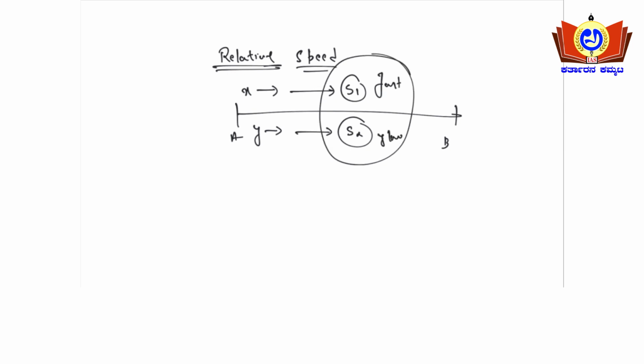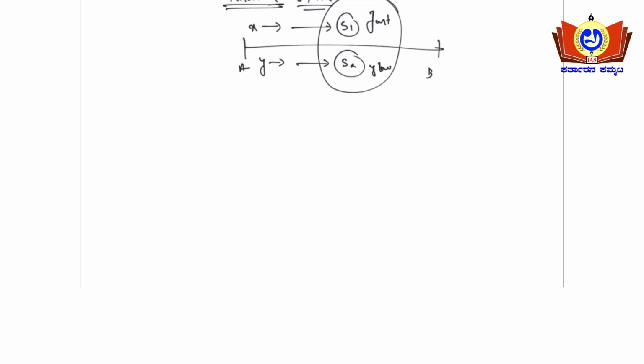So what is the relative speed here? They will be asking you questions based on that. Relative speed depends on 2 cases here: if they are traveling in the same direction on a straight line, and when they are traveling in the opposite direction. Movement of one body relative to another body is known as relative speed.